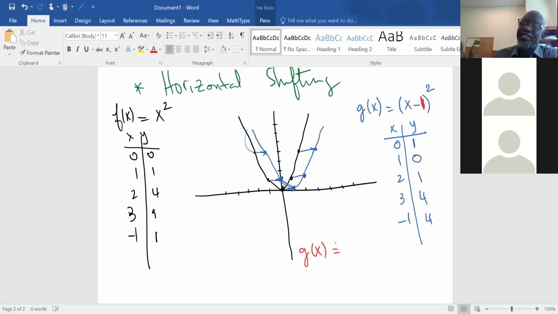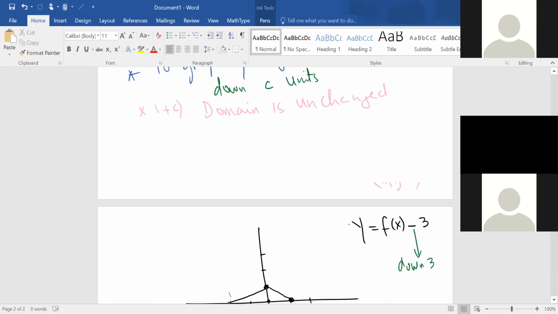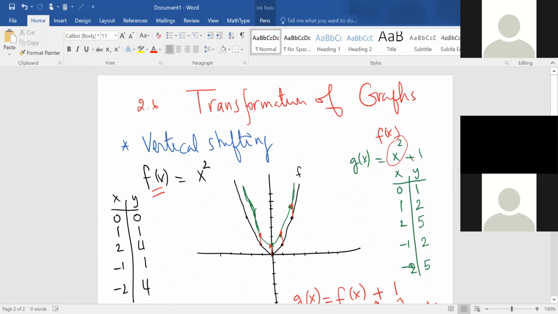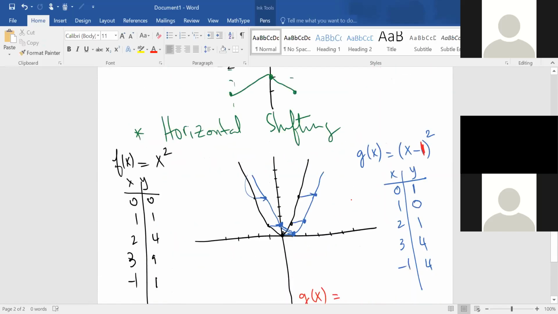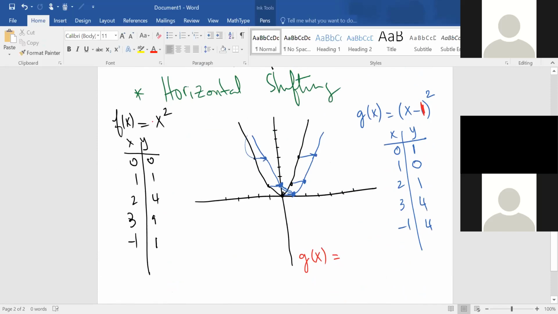Oh, almost right. But look, f of x minus 1 with the minus outside is not what you have here. What expression can we replace x by to get g of x?